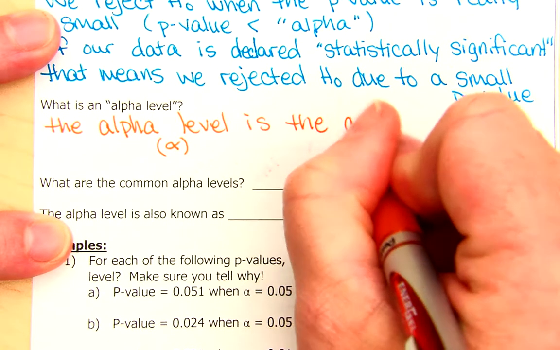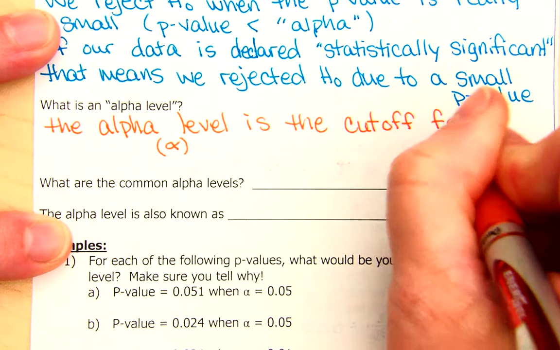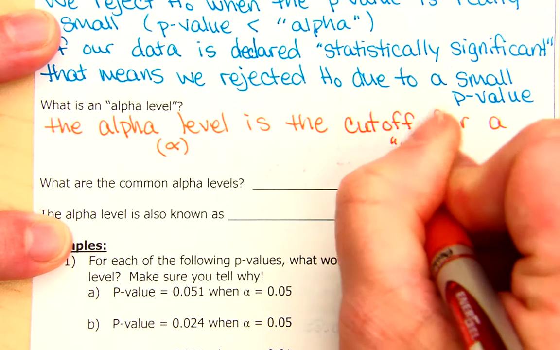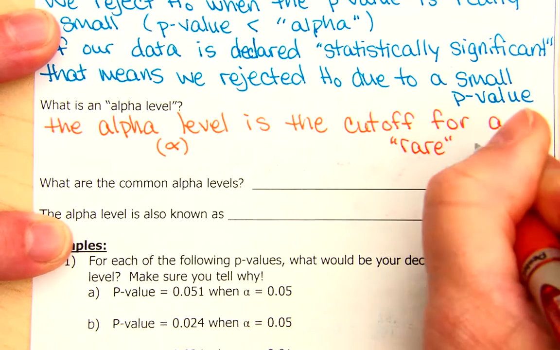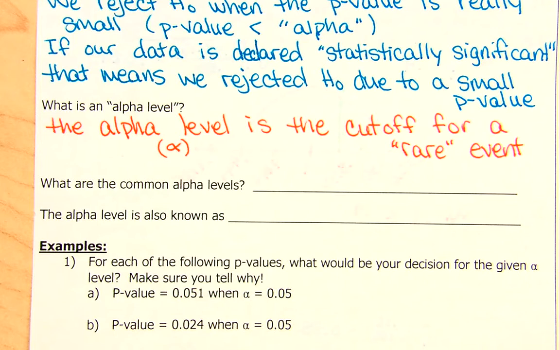It is the cutoff for a rare event. So anything beyond that alpha level, we're going to say this is not normal to get this value. So at what point does it become statistically significant? That's the alpha level. It's what amount are we willing to accept?